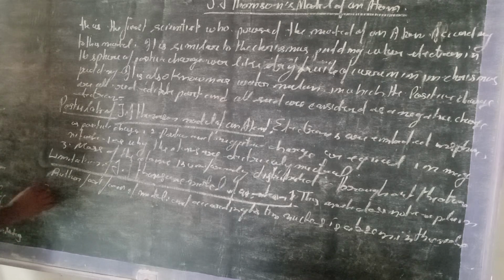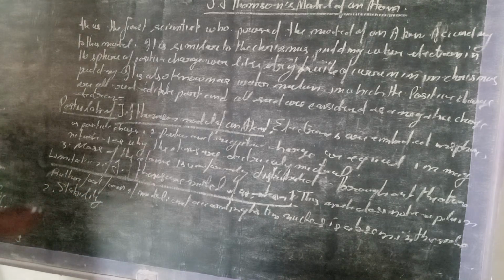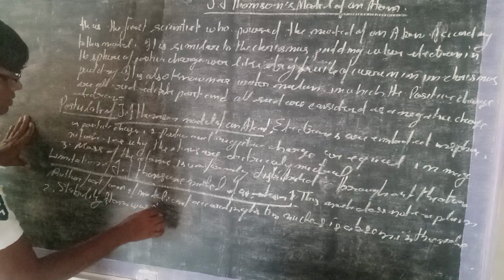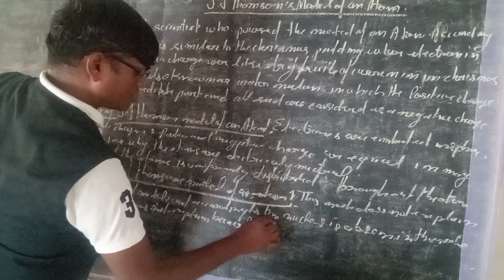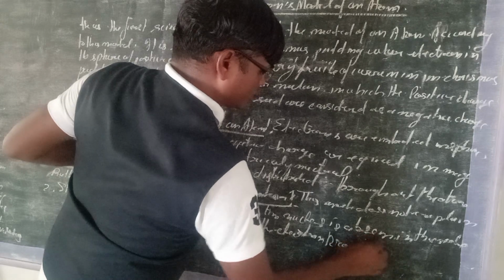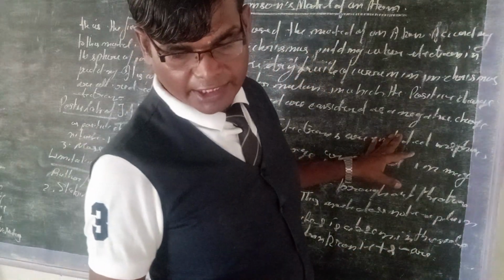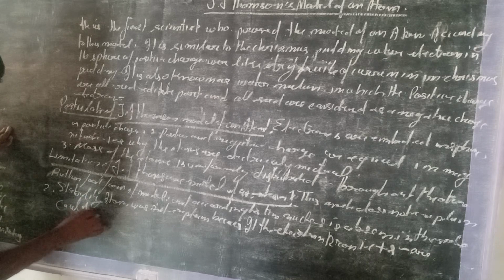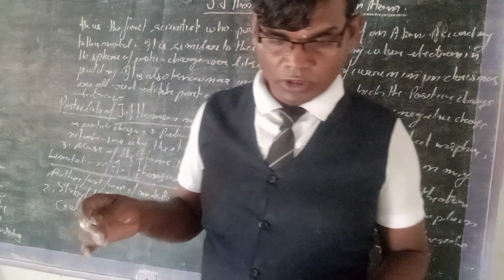Second, the stability of the atom was not explained, because positive and negative charges could not remain so close together.